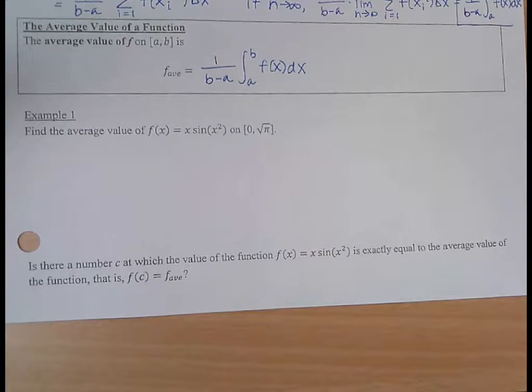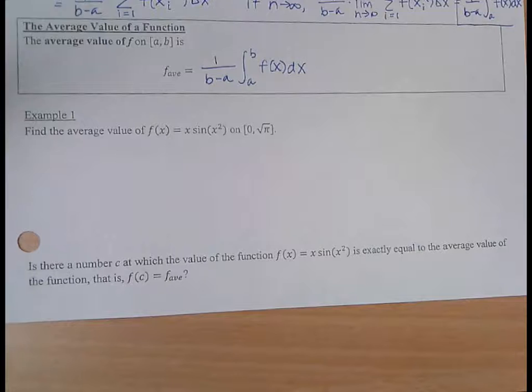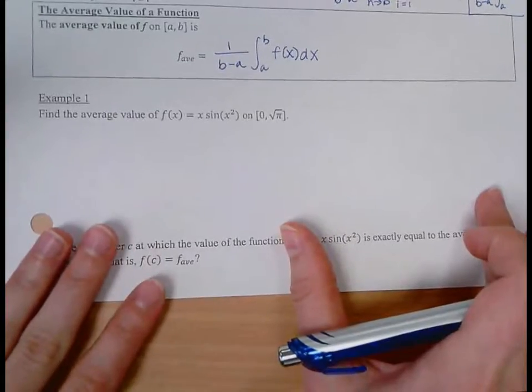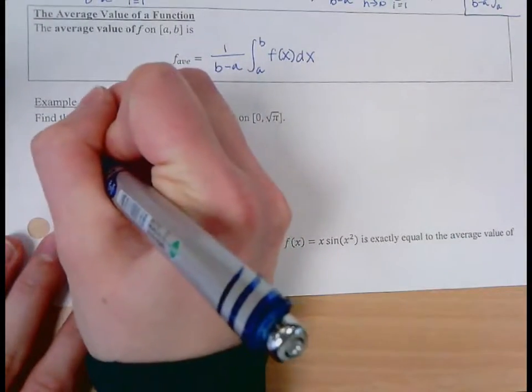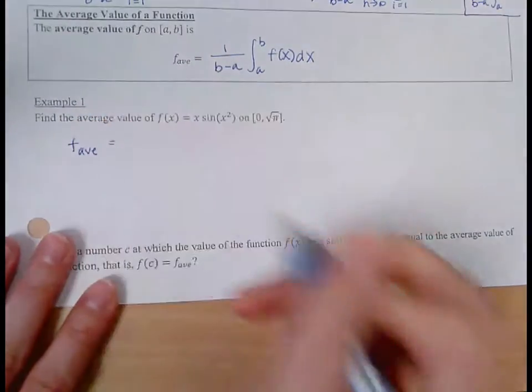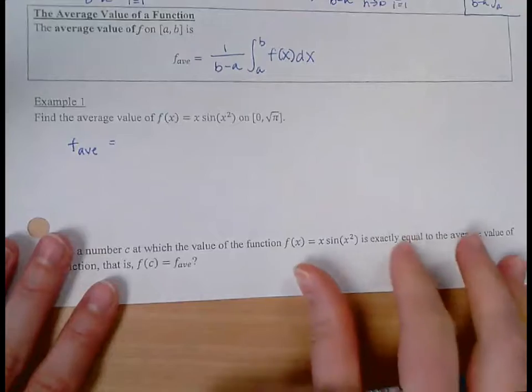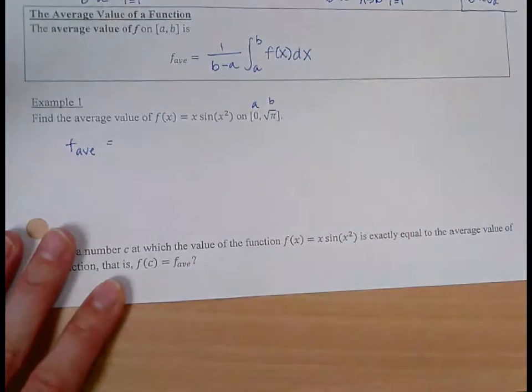Now to actually use it, find the average value of f of x equals x times sine of x squared on the closed interval from 0 to the square root of pi. This is just reviewing some integrals as well. So the average value of f, f sub AVE, using this formula, a value is 0, b value is the square root of pi.